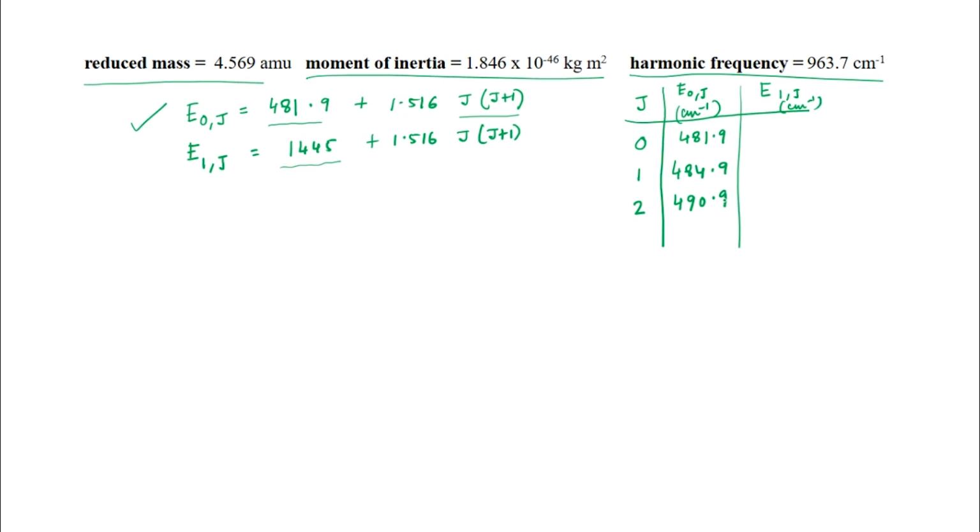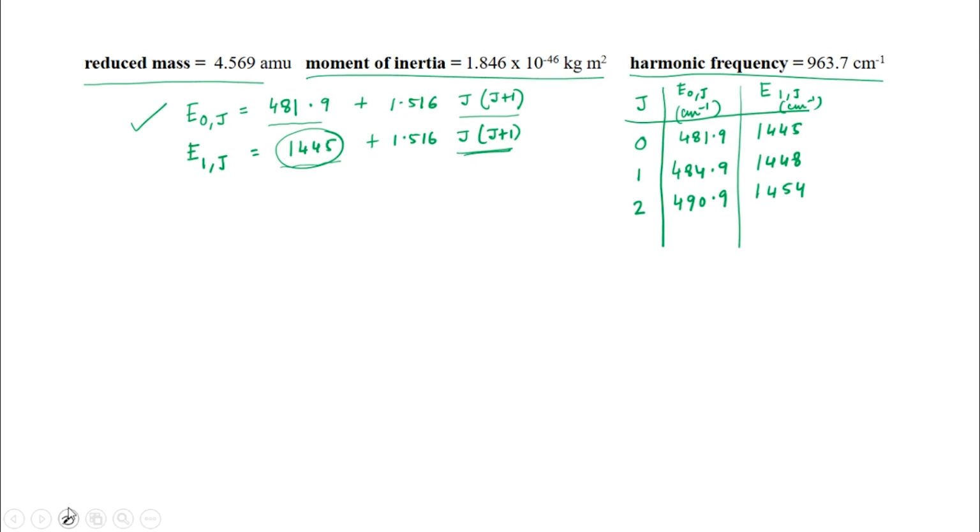Similarly, for the V equals 1 state, j equals 0, the energy is 1445, that is this number, because j equals 0. For j equals 1, it is 1448, and for j equals 2, it is 1454.